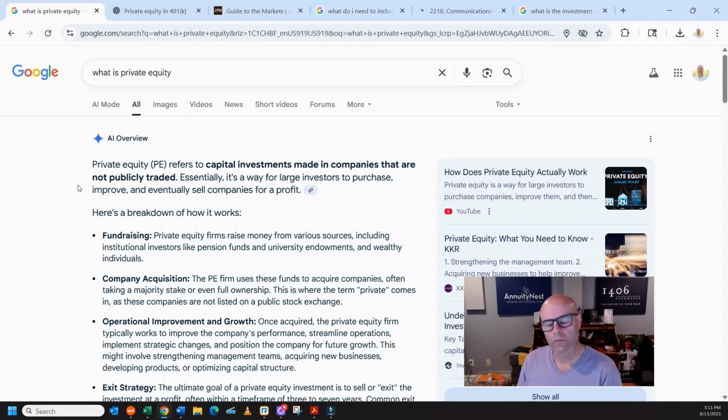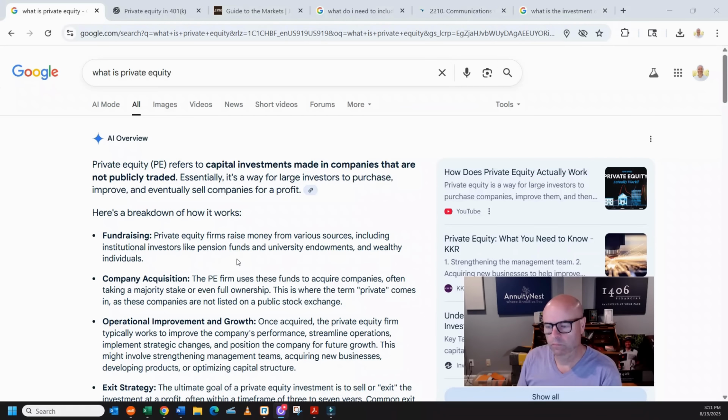Now, quick side note, there are websites or businesses now coming up with ways to help you trade stock of privately held companies. It's not as widely adopted as stock in publicly traded companies, the NASDAQ Stock Exchange, the New York Stock Exchange, that kind of thing.